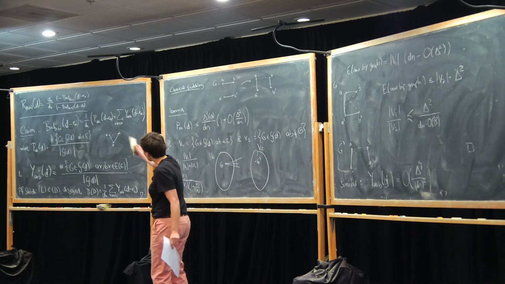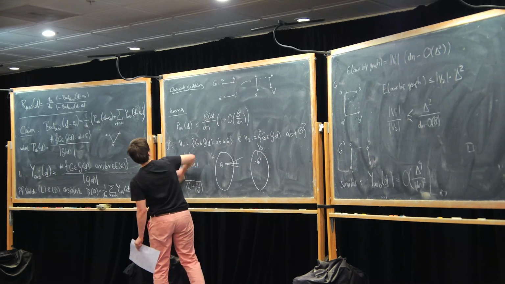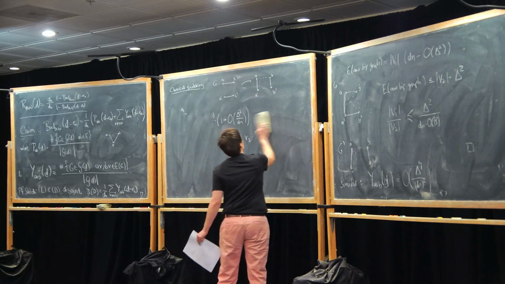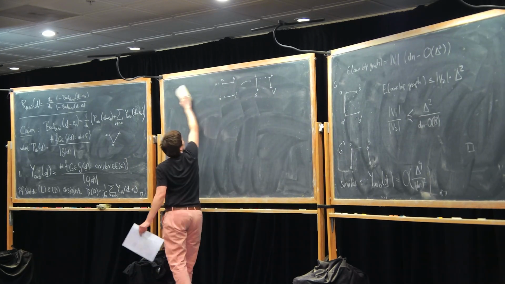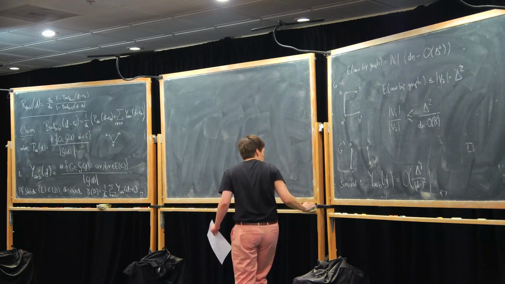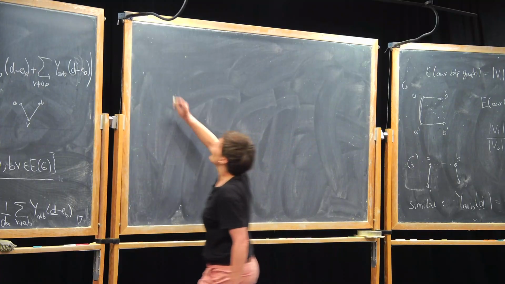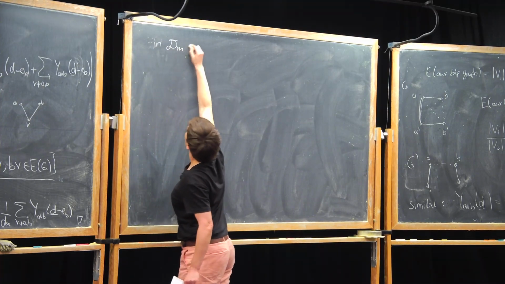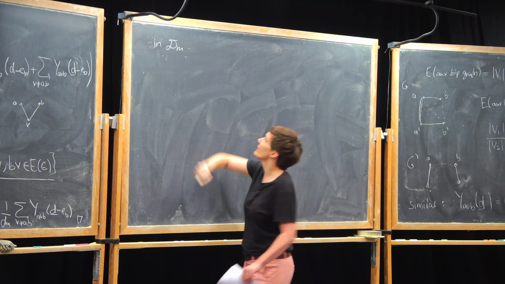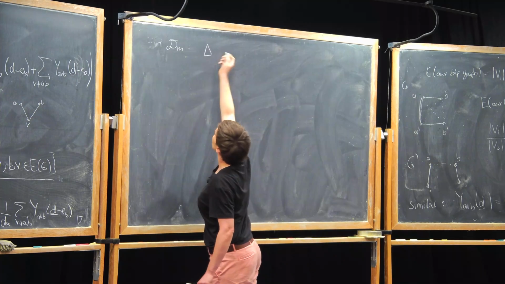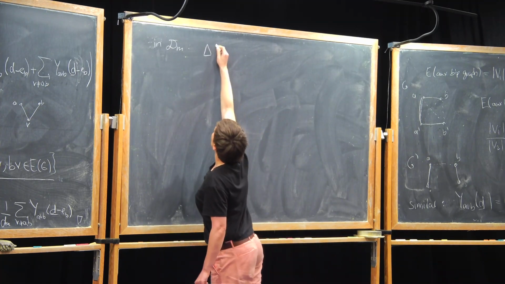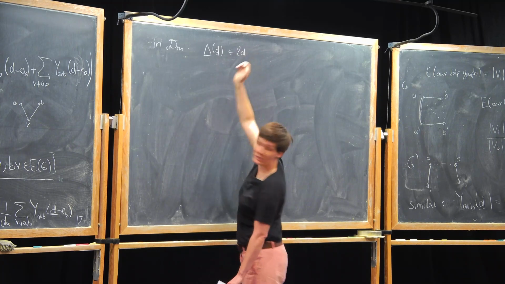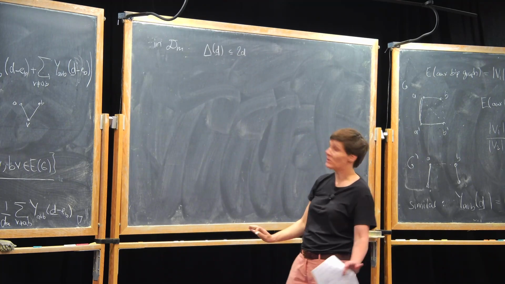Okay, so let's plug this into this and see what we get. So in dm, we have that all the degrees are concentrated. So we have that actually the delta of the degree sequence is at most 2 times the average, and that's a very crude upper bound.